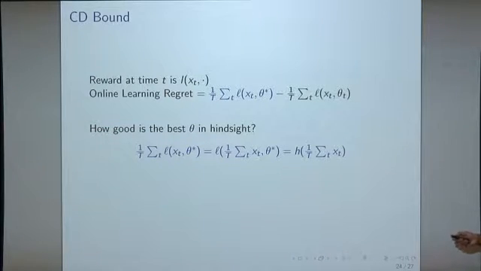Why is this? Note that L is linear in x. For any theta, or theta star, look at the optimum one, I can just take the average inside because L is linear in x. It's a linear function if you fix theta. Now what is this function?